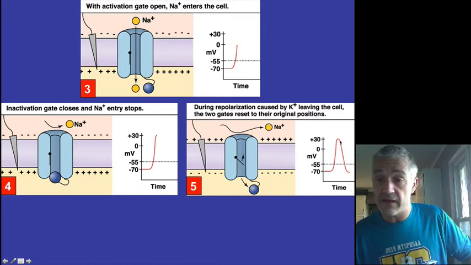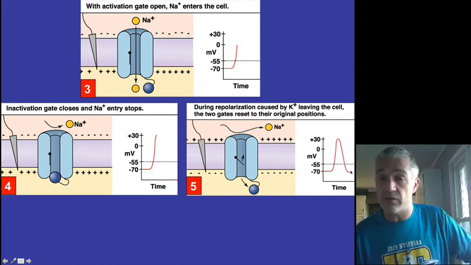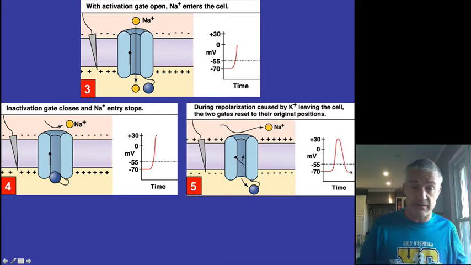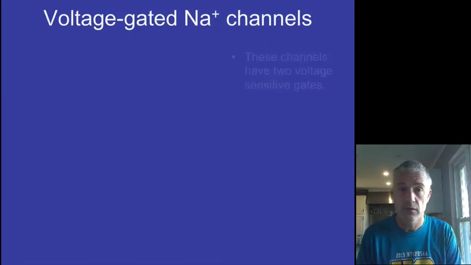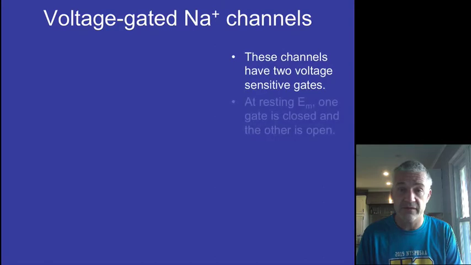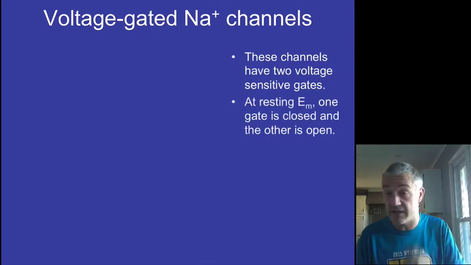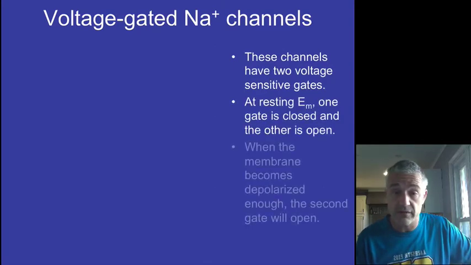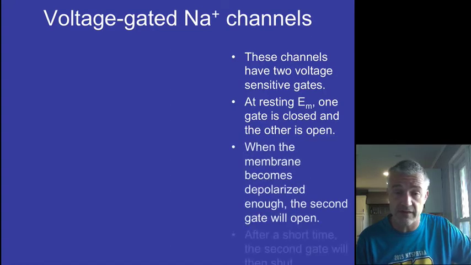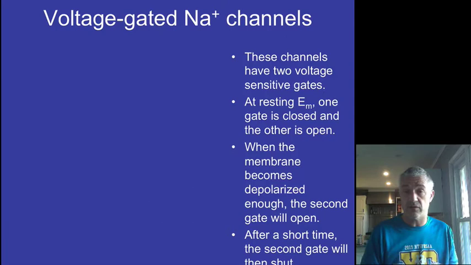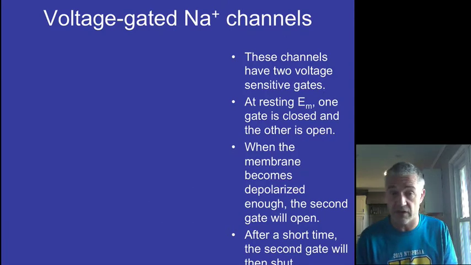During this period of time, the potassium is leaving the cell, which is putting at least the membrane potential back to normal. So again, 2 sensitive gates here at resting. One gate is closed, the other one's open. When it becomes depolarized, the other gate opens up. After a short period of time, the inactivation gate will shut.